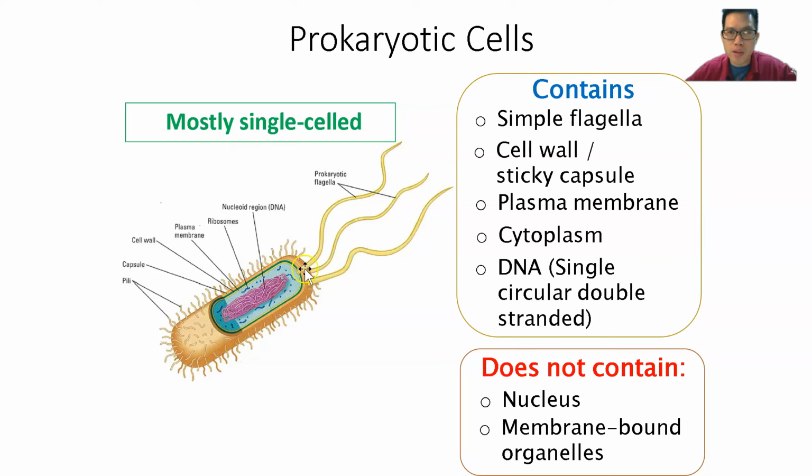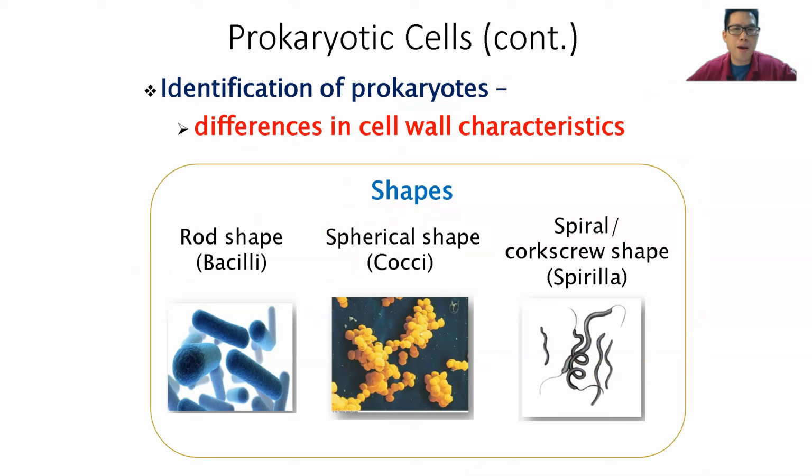Then they have DNA, the genetic material that is used to control the whole cell. What they don't have is a nucleus. You can see that there's no nucleus. They only have DNA suspended in the cytoplasm, and they don't have membrane-bound organelles compared to eukaryotic cells.